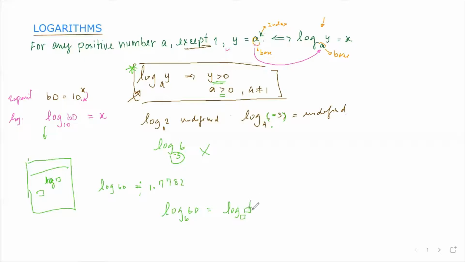You just enter 60 there, enter 6 there, and it will tell you the number. But in general, base 10 is the common log. Every calculator has it. You just key in log 60, and it will show right away.